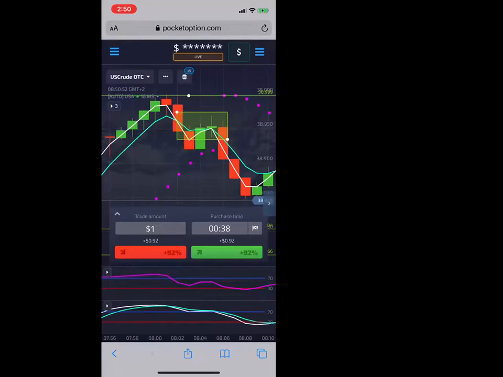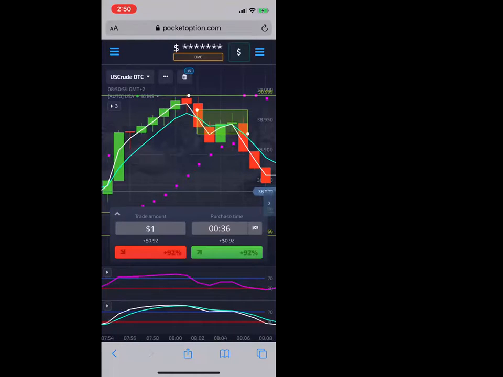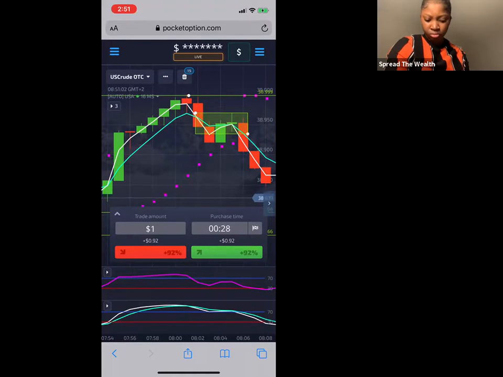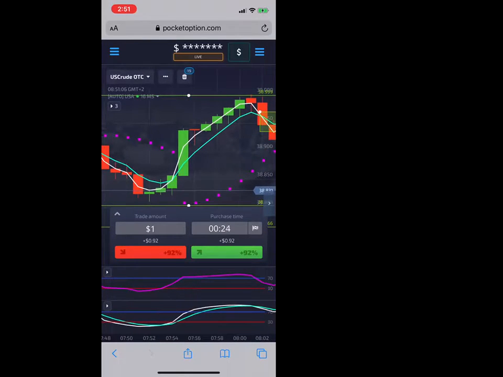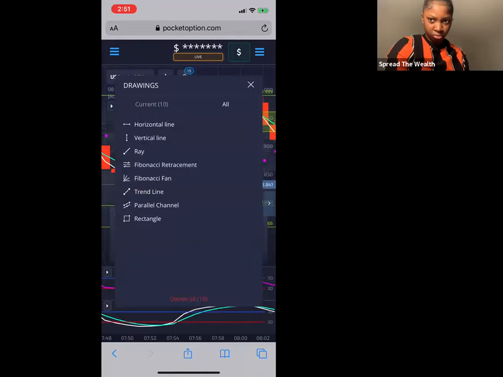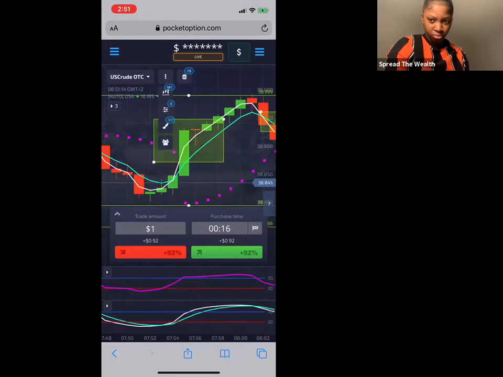All right. So in this aspect, do you see how the blue line is above the white line? Mm-hmm. You'll be looking for it. So if the white line is above the blue line, you'll be looking for a buy right here.